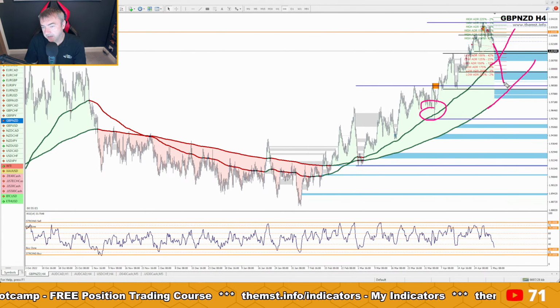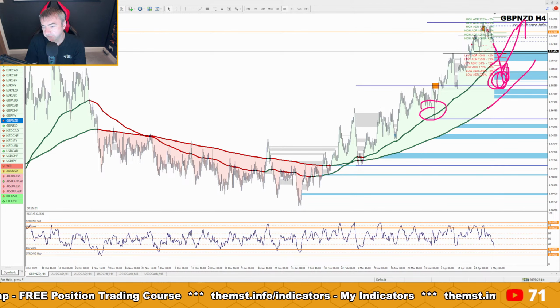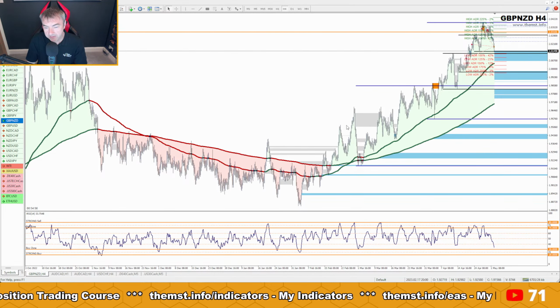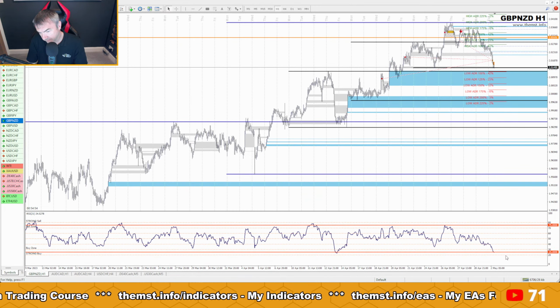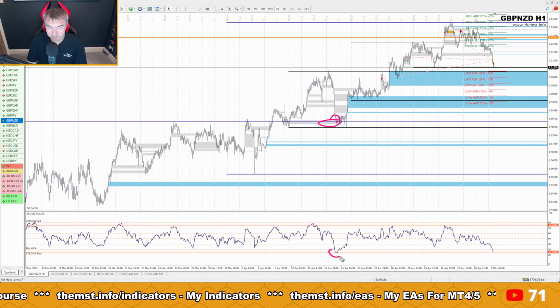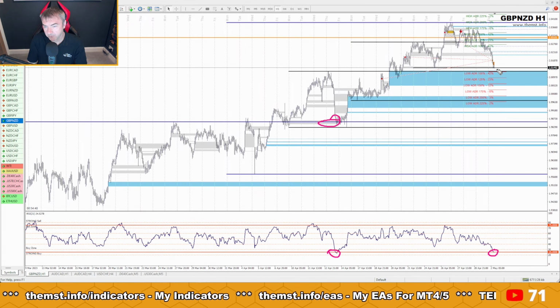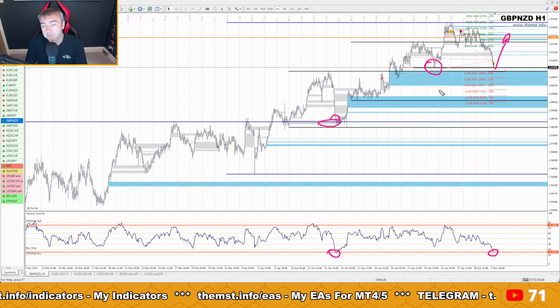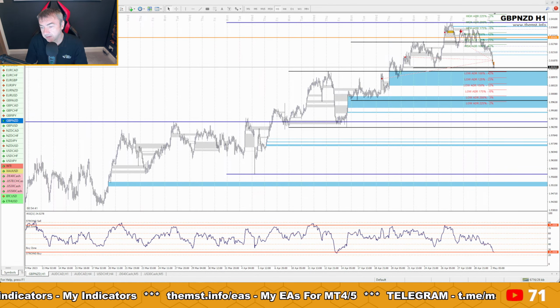So somewhere in this area, potentially for a long position. It's not extended yet. Hourly probably is. Just about getting extended now on the hourly. So yeah, same as that. We're looking for a long trade. And it's this last week's low as well. So beautiful support we're at right now.